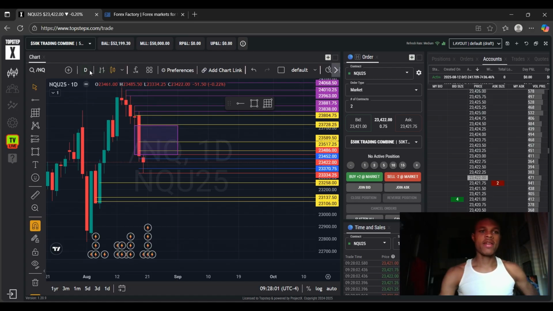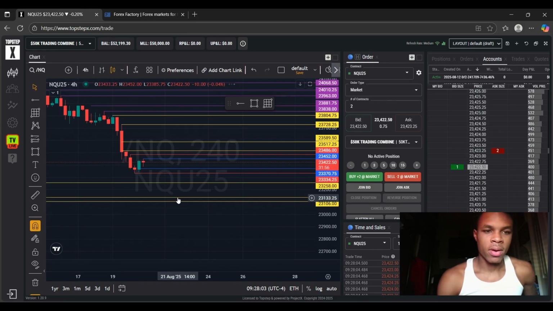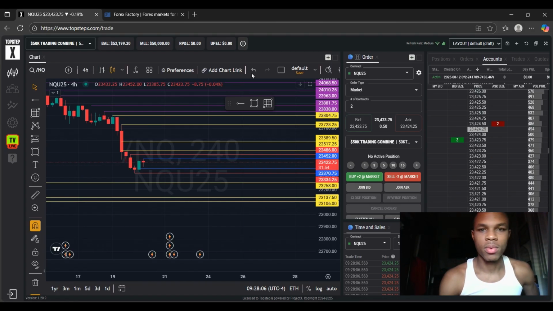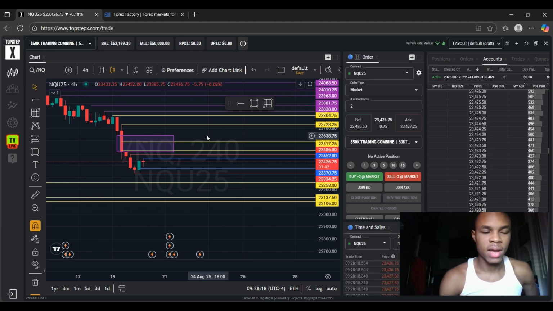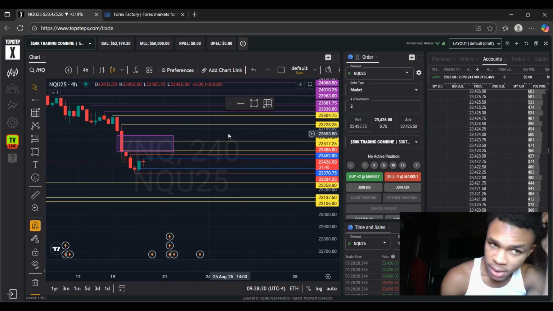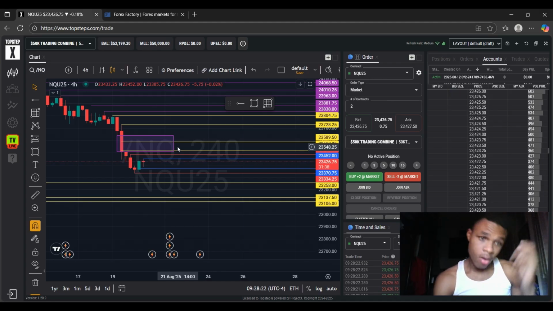We have that daily fair value gap, and then on the 4 hour, we have another fair value gap right here. Well, actually, it'll be right here. We have that fair value gap right there that price hasn't tapped into yet at all.